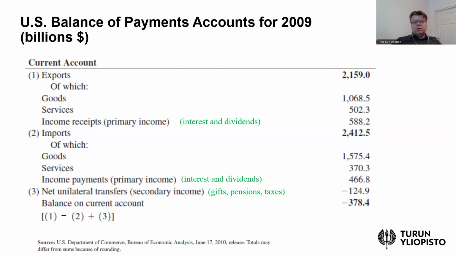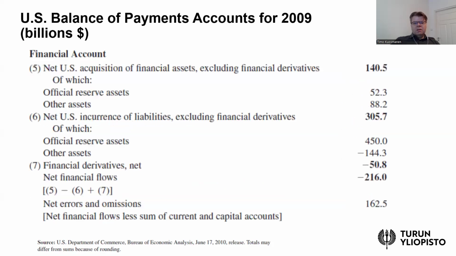I have talked about the current account so far, but there's also another way of looking at it. The current account looks at, for example, the flows of goods and services. But there's another way of considering this, called the financial account, and this is based more on assets. Here, item number 5 is the net U.S. acquisition of financial assets, excluding financial derivatives.